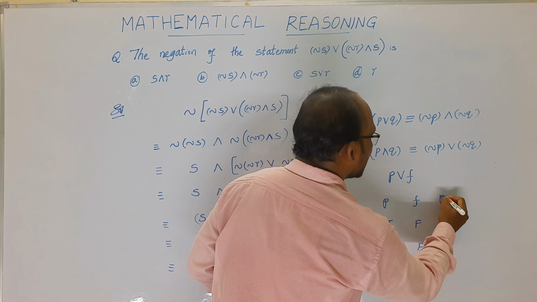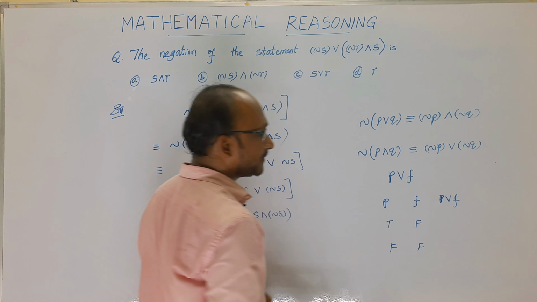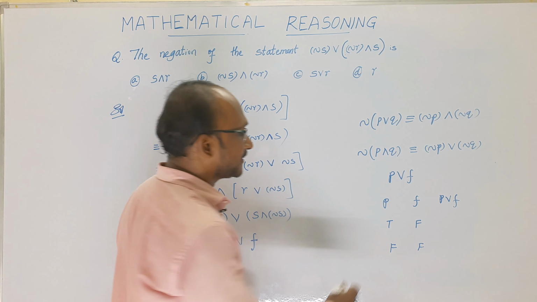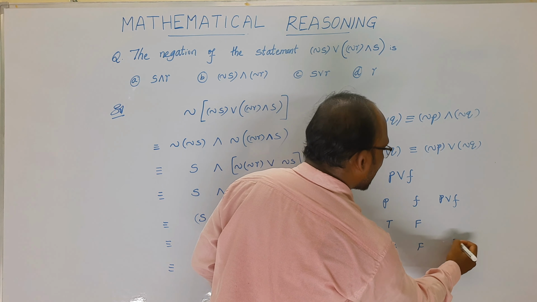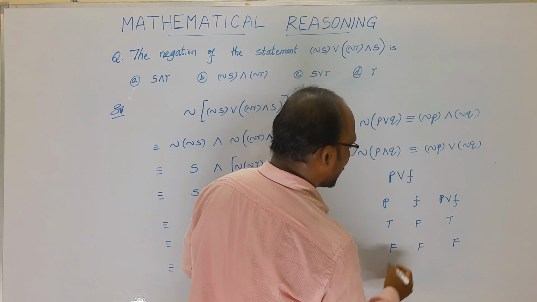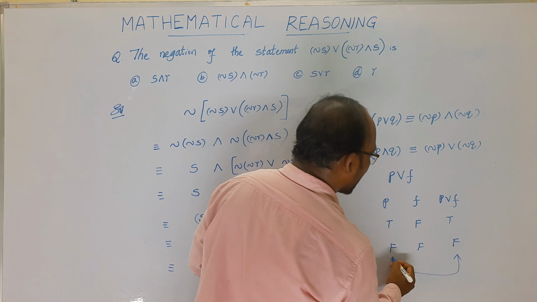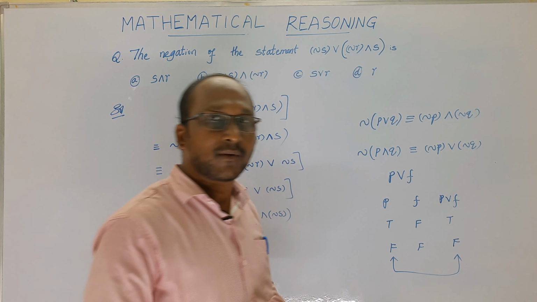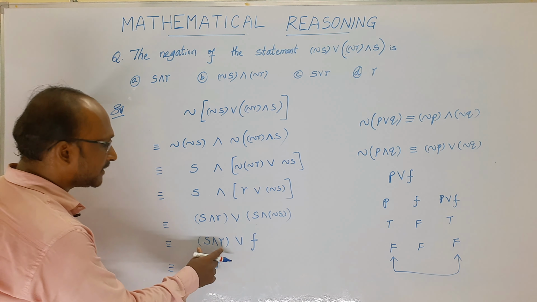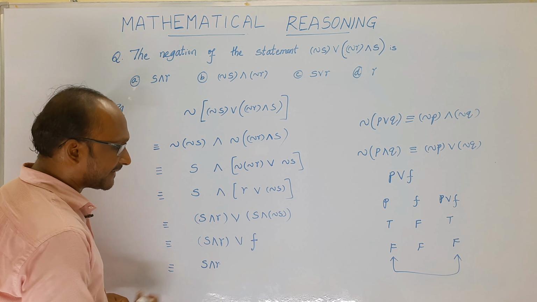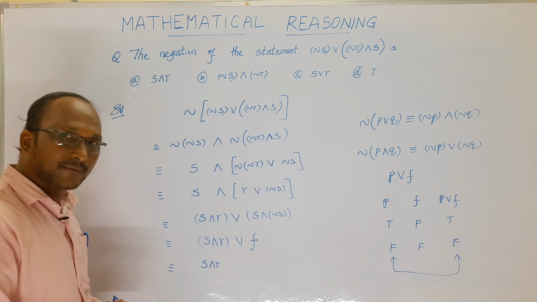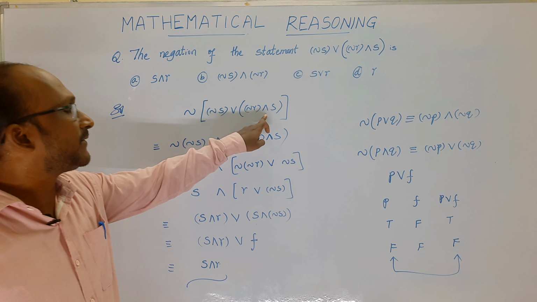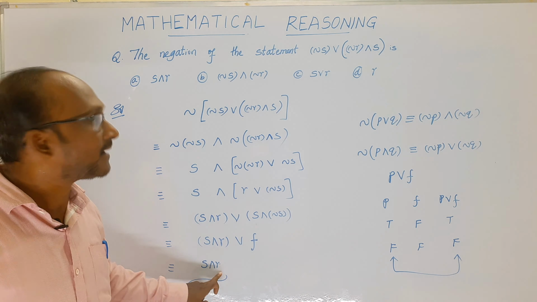Now let us find their disjunction. But disjunction is false only when both are false. That's why F or F is F, but this is true. Once you observe the truth values of these two statements, P or F is equivalent to P only. That's why here also this statement or F is equivalent to the statement itself, P and Q. So the negation of the given compound statement is P and Q.